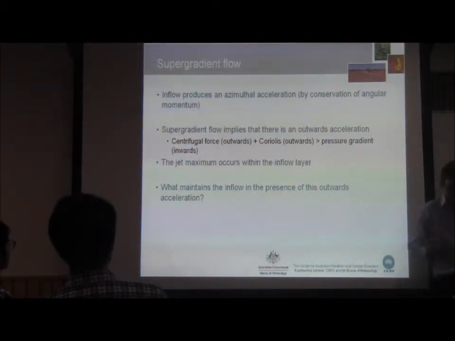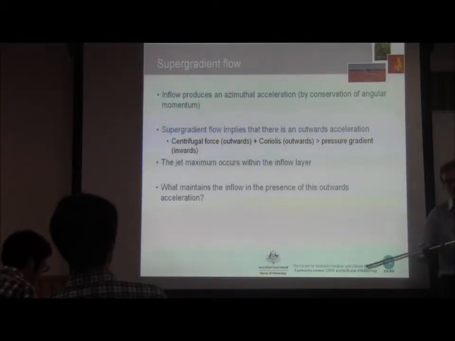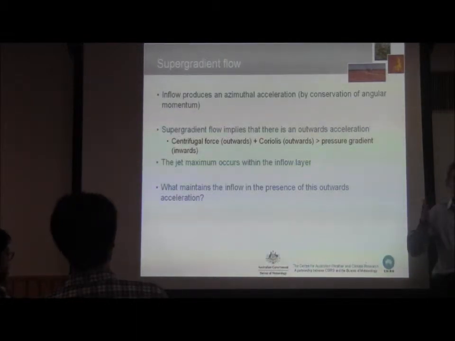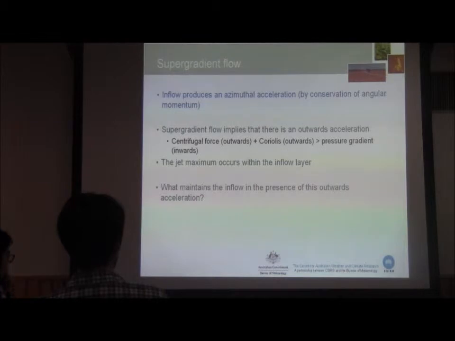So it's simple to understand why we might get supergradient flow, at least to a first order. The flow in the upper part of the boundary layer, towards the top of the boundary layer, is not quite conserving angular momentum, but the dissipation of angular momentum in the upper boundary layer is relatively weak.